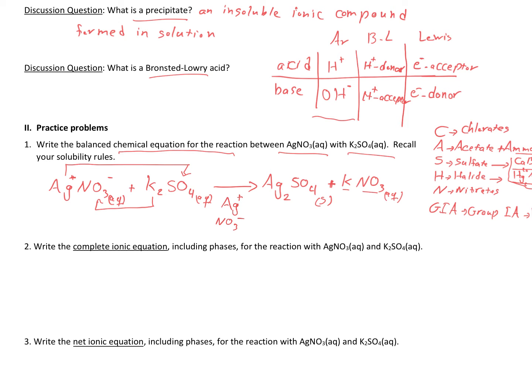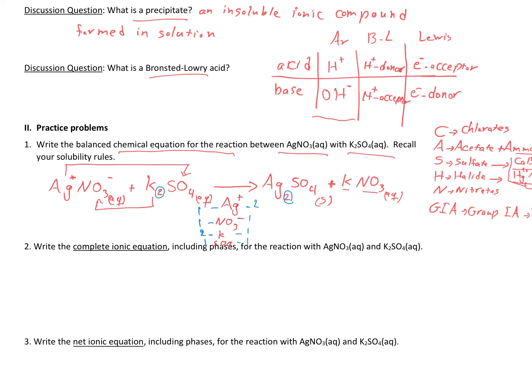So we have silver, nitrate, potassium, and sulfate. In the reactants, we have 1 silver, 1 nitrate, 2 potassium, and 1 sulfate. In the products, we have 2 silver, 1 nitrate, 1 potassium, and 1 sulfate.